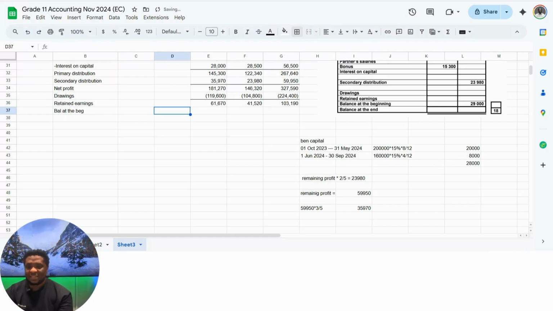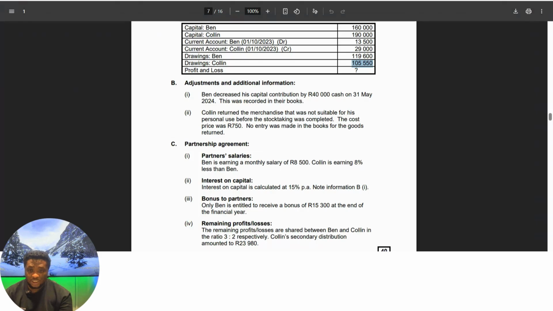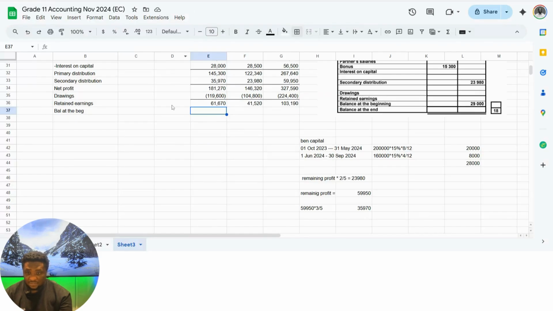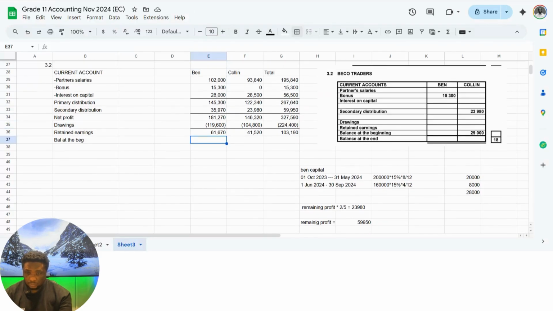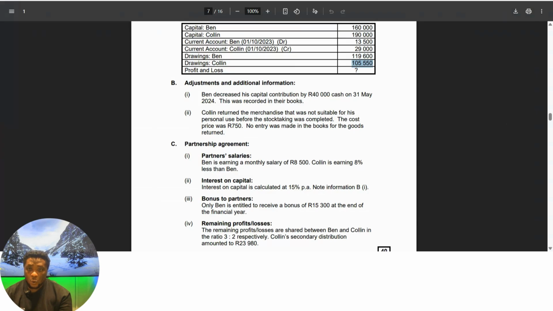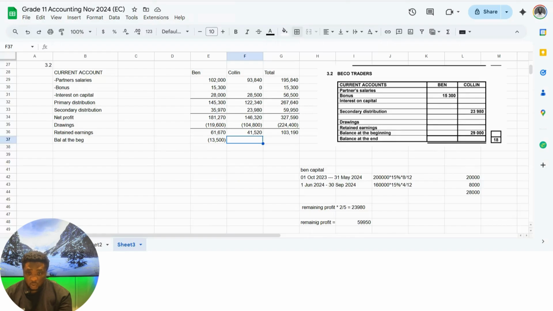So what was the balance at the beginning for each of these parties? The current account at the beginning, you can see that it's a debit for Ben, which is a negative 13,500. So minus 13,500. And then for the other partner, it is positive 29,000.